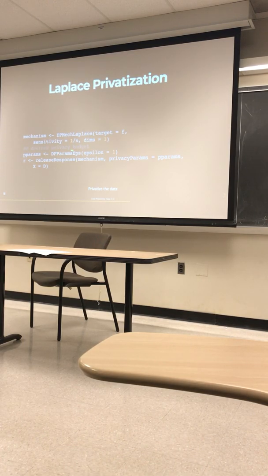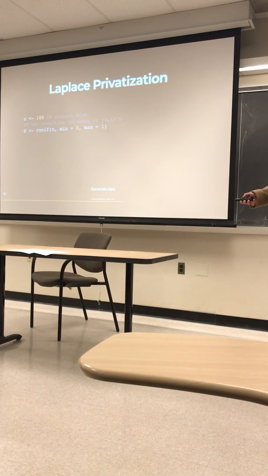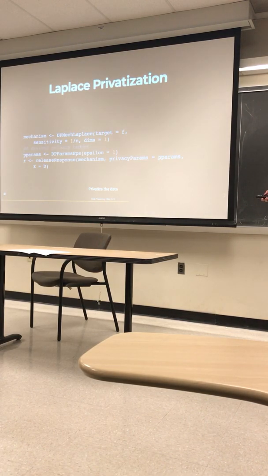The sensitivity here is 1 over n because if you have another data set that differs in only one entry from the data set here, the mean would differ by at most 1 over n. And here I just set the privacy budget, or epsilon, to be 1, or you can change it to any positive real number you like.